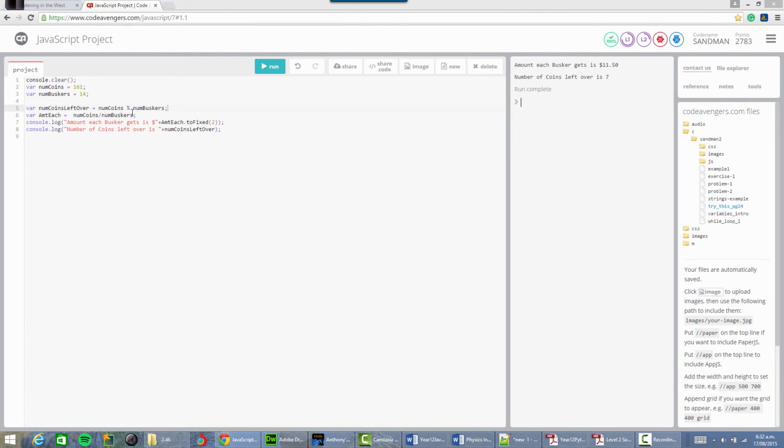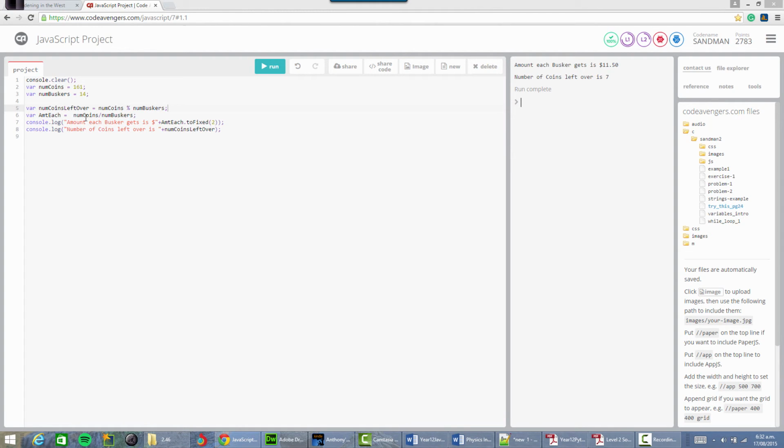So we're going to see how many coins are left over. That's the number of coins divided by the number of buskers, but it's the remainder division, so that's going to be the number of coins left over.